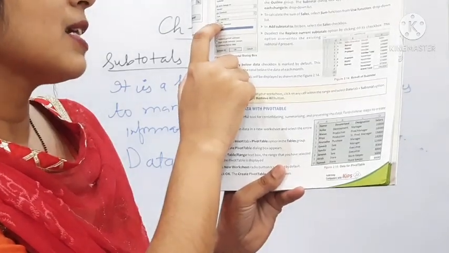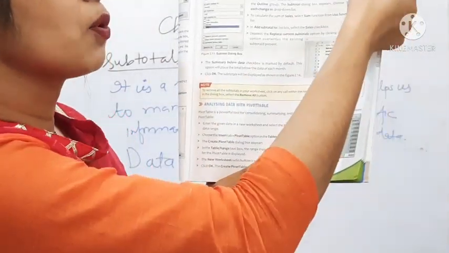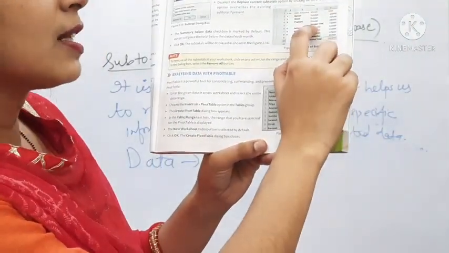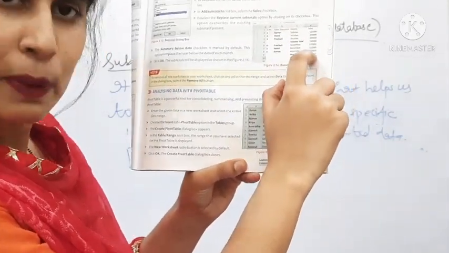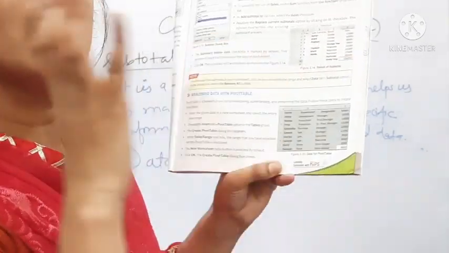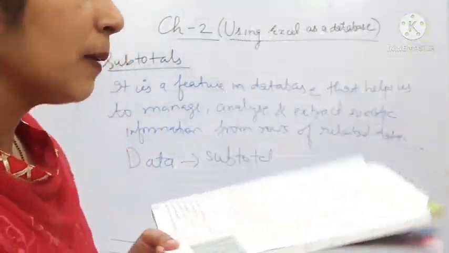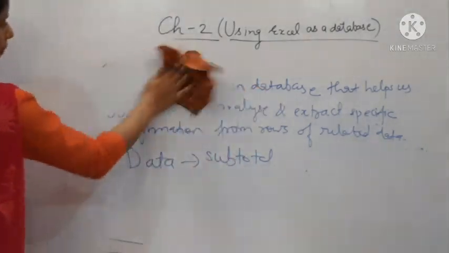And then next is add subtotal to, means what we are subtotaling? We are subtotaling sales. So when we do this, October month total they have displayed here. November month total they have displayed here, and then they have displayed the grand total of the October as well as November.